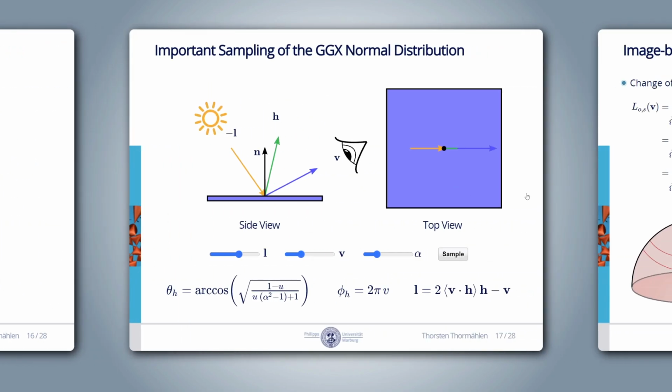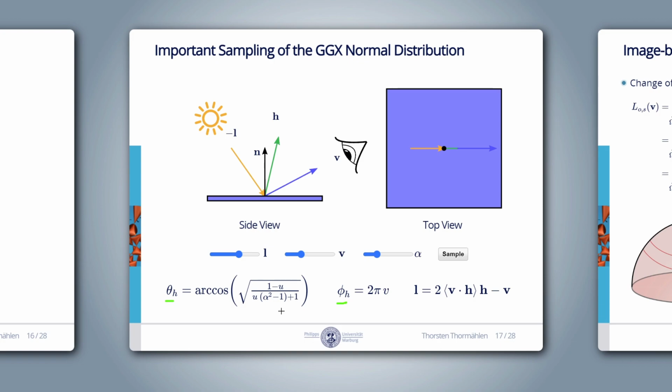Okay, with this result, let's visualize the sampling of the GGX normal distribution function. We generate uniformly distributed random values u and v in the interval from 0 to 1. Then we compute the spherical coordinates theta h and phi h of the half-wave vector. For theta h, we use the inverse of the CDF that we have just computed.